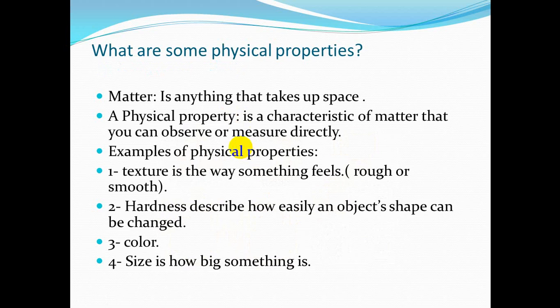Now, to sum up our lesson again, what are some physical properties? The definition of matter is anything that takes up space. Anything around you that takes up space, we call it matter. So many things we can see around us in our room are called matter. And we can describe matter by naming its physical properties.